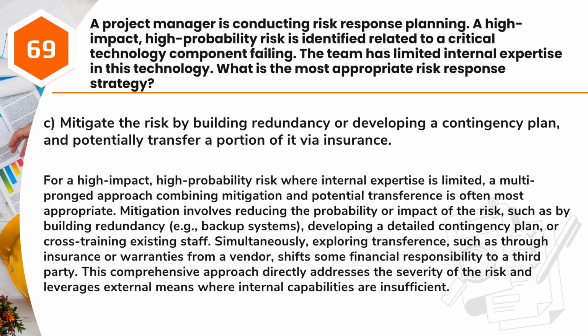Mitigation involves reducing the probability or impact of the risk, such as by building redundancy, e.g., backup systems, developing a detailed contingency plan, or cross-training existing staff. Simultaneously, exploring transference, such as through insurance or warranties from a vendor, shifts some financial responsibility to a third party. This comprehensive approach directly addresses the severity of the risk and leverages external means where internal capabilities are insufficient.